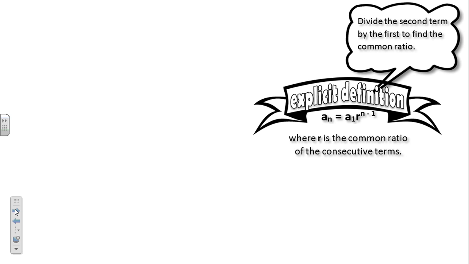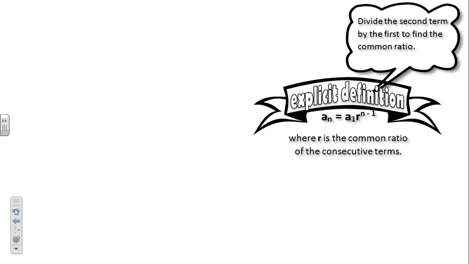The explicit definition for a geometric sequence is a sub n, whatever term you're looking for, is equal to the first term times r to the n minus 1. First term times r to the n minus 1.